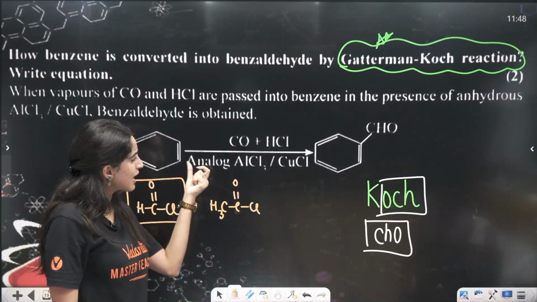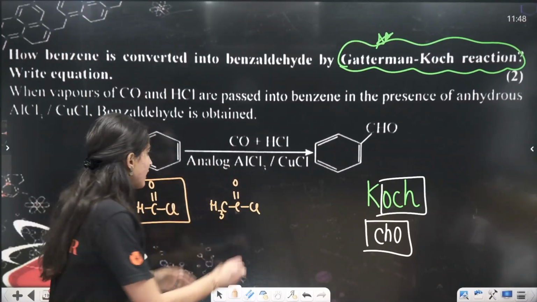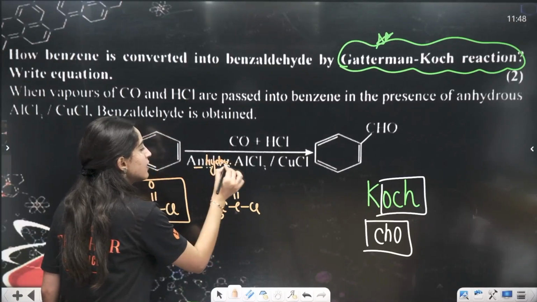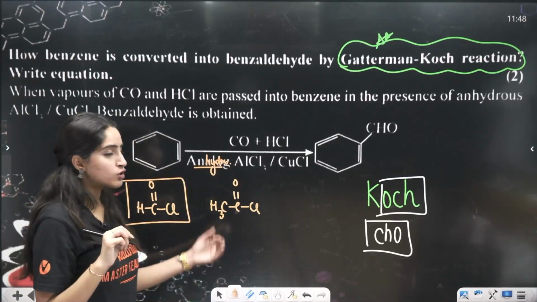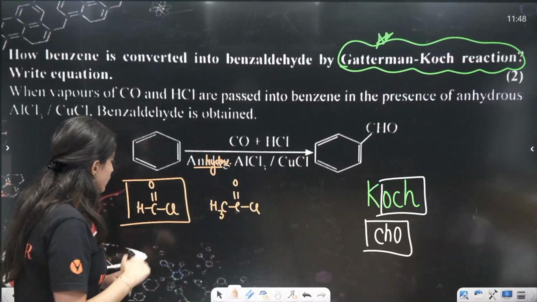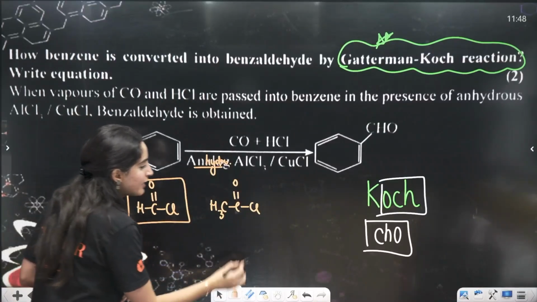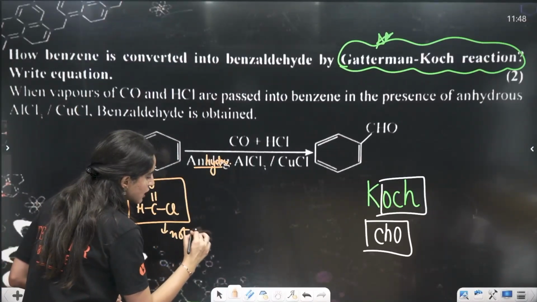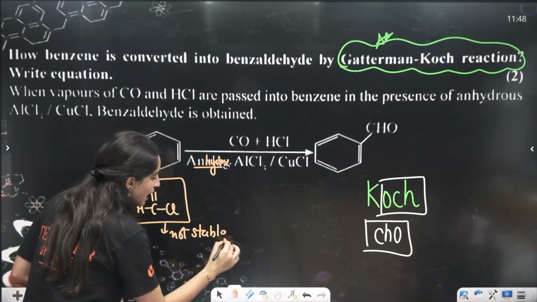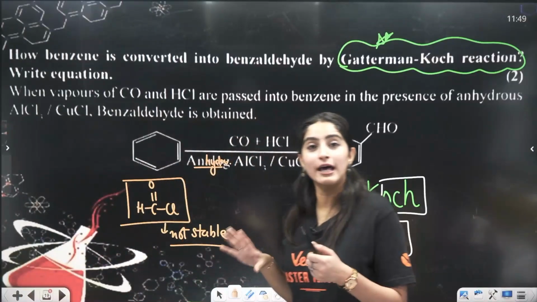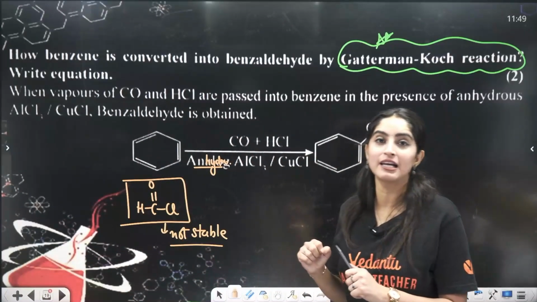Either you can use anhydrous AlCl3. It's not an analog, it's anhydrous. Anhydrous AlCl3, right? Or you can use CuCl here. A very important thing is that this formyl chloride is not a stable compound. This has to be freshly prepared, right? That is why we cannot directly apply Friedel-Crafts acylation here.